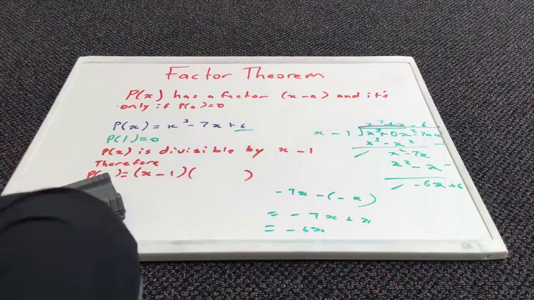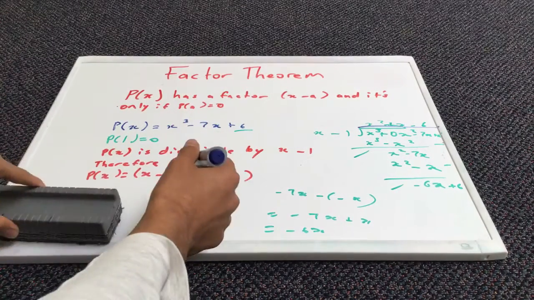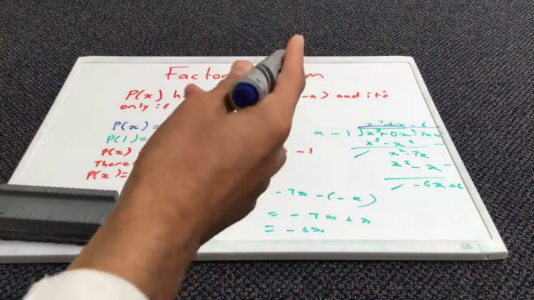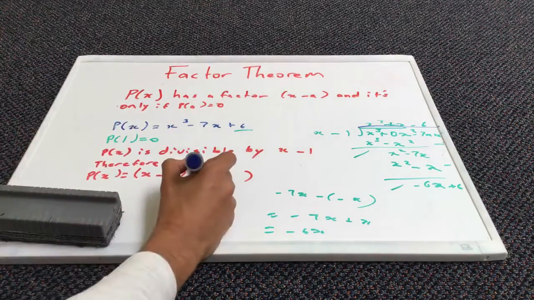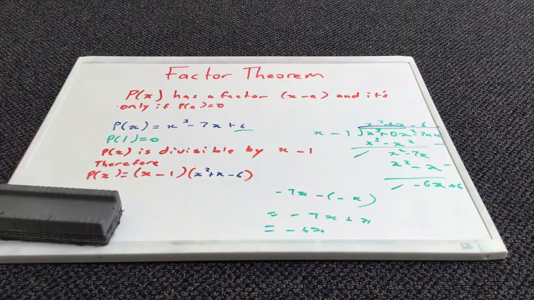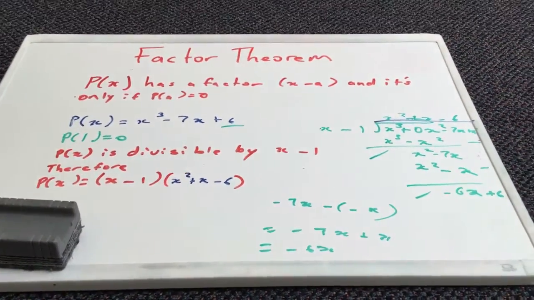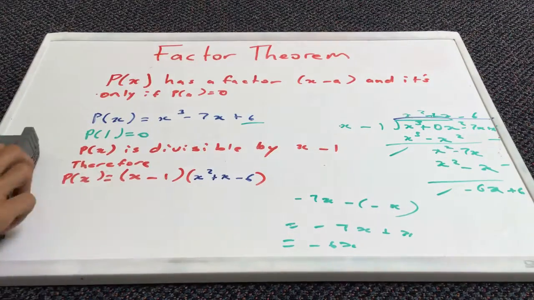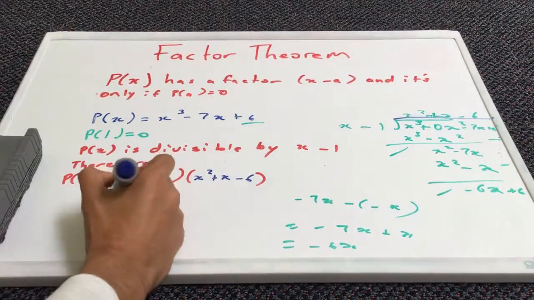So now we move back to this part. What we found at the top goes here: x squared plus x minus 6. So we look back at p of x, x minus 1.